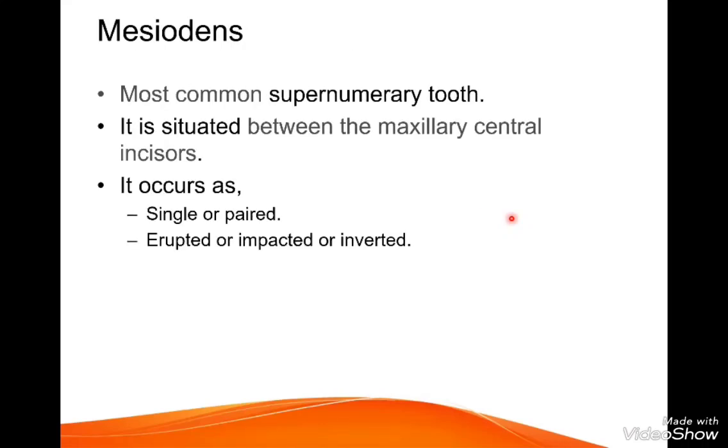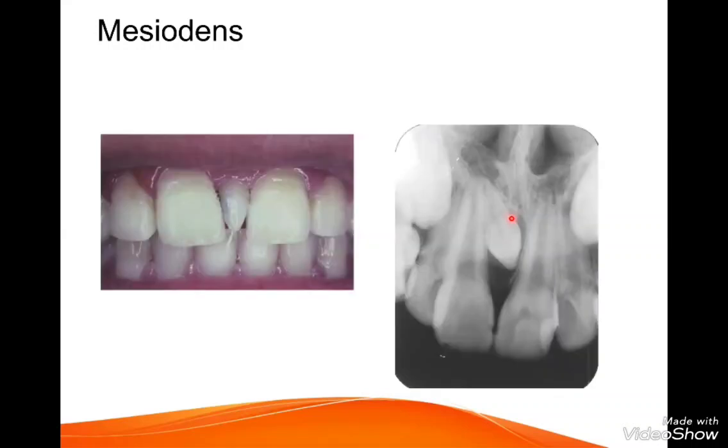So coming to mesodens, this is the most common supernumerary tooth. It is situated between two central incisors. So this is a clinical picture of mesodens, where you see a conical shaped tooth-like structure in between the two central incisors. This is the radiographic picture.